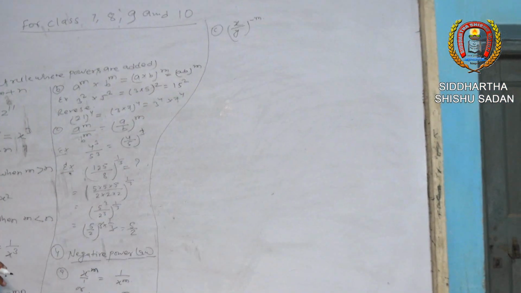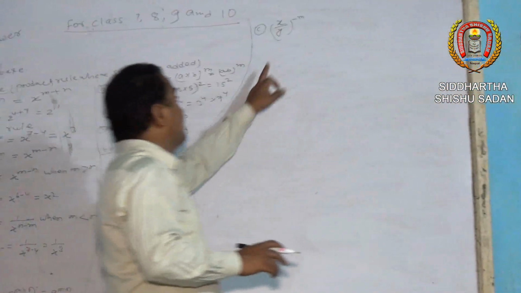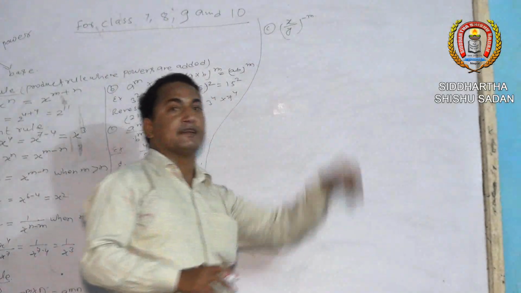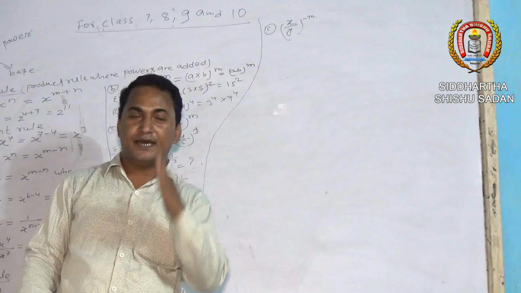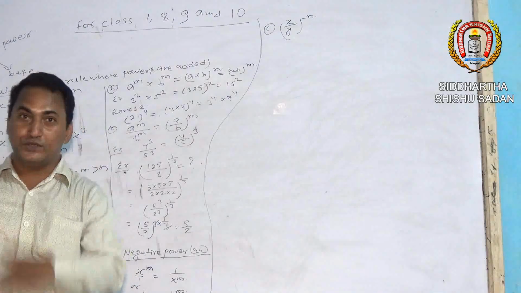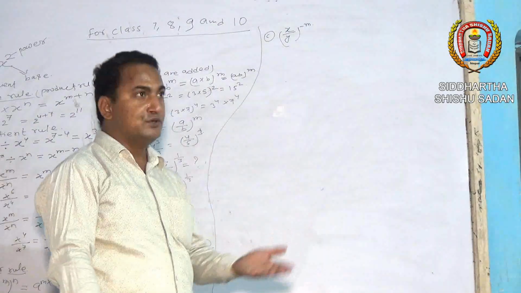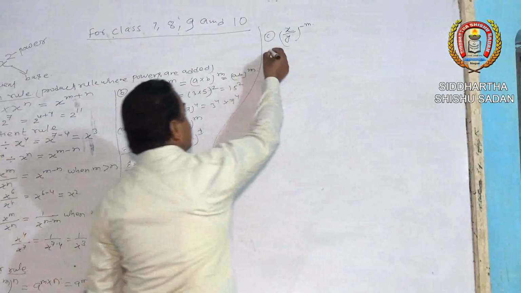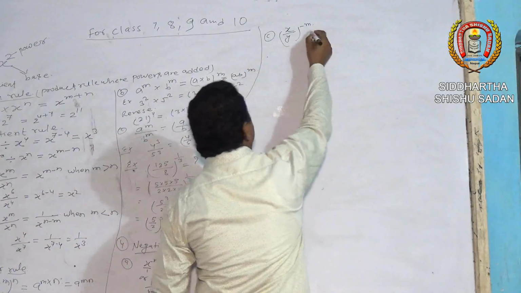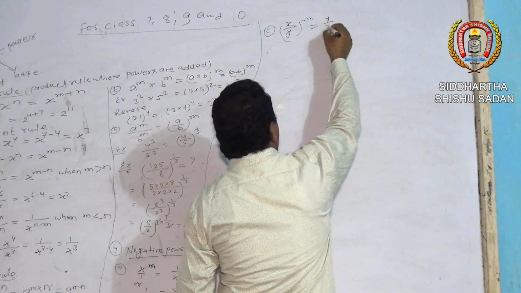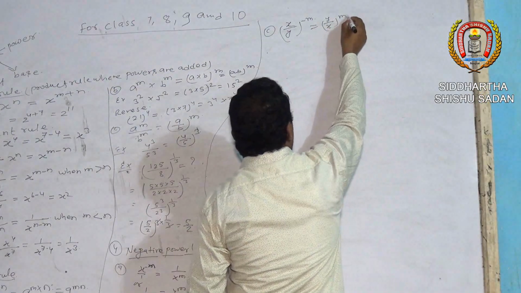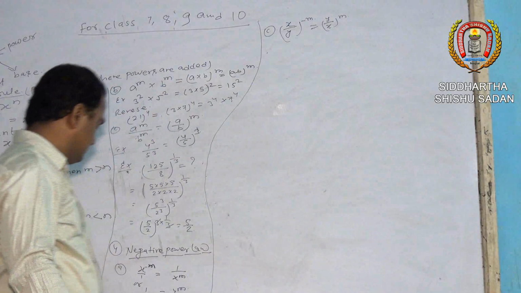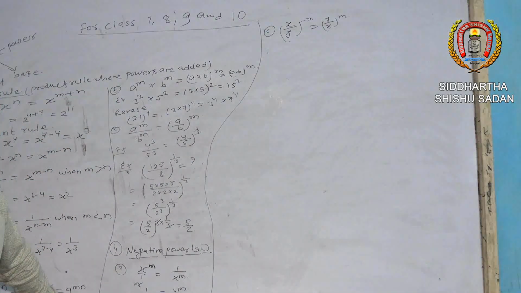For this rule, we have to change the base inside the bracket, numerator to denominator and denominator to numerator, to change the sign of the power. Look here, y by x to the power m. This is the rule of indices.